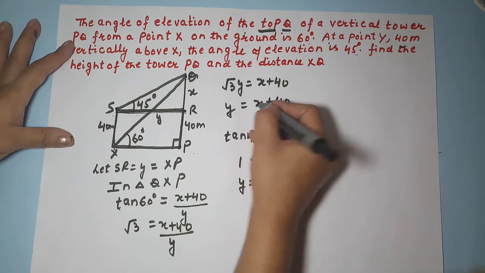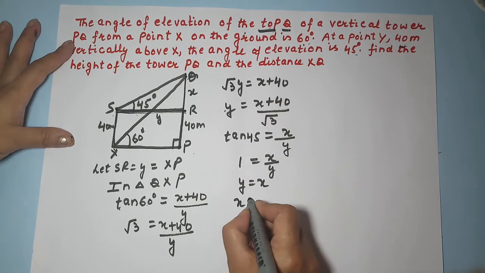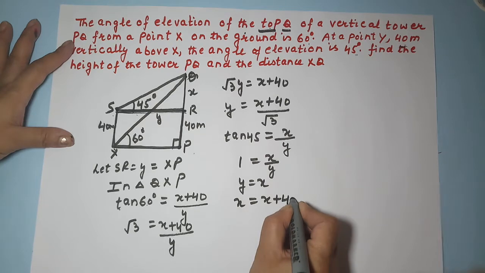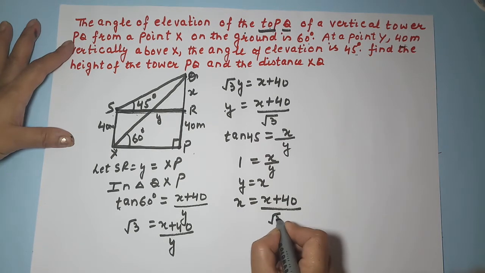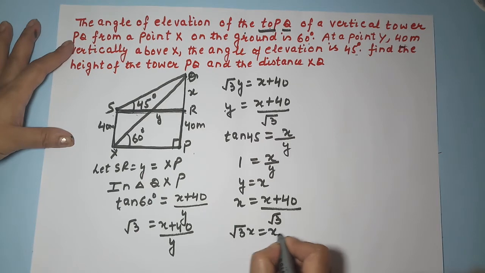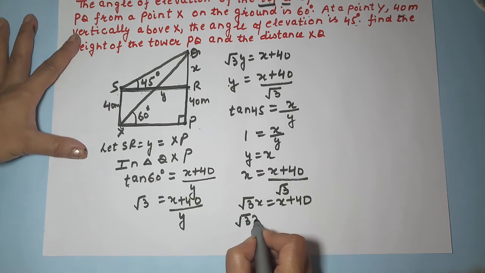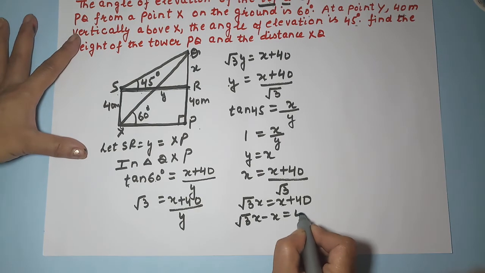So what I'll do is I'll replace Y as X here. So I'll get X equal to X plus 40 upon root 3. If I cross multiply, I'll get root 3 X equal to X plus 40. If I shift this X here, I'll get root 3 X minus X equal to 40.